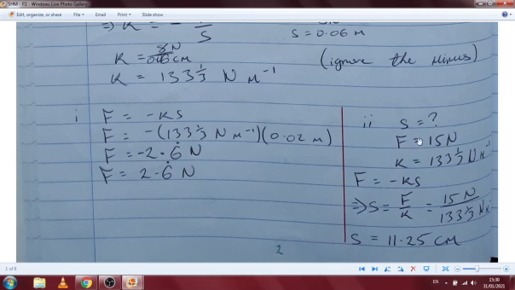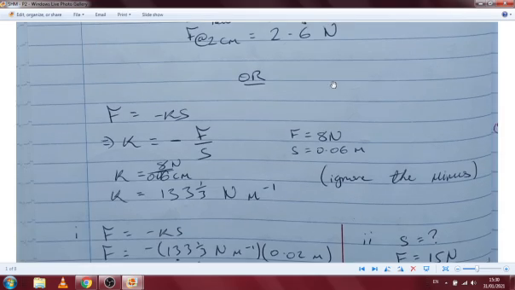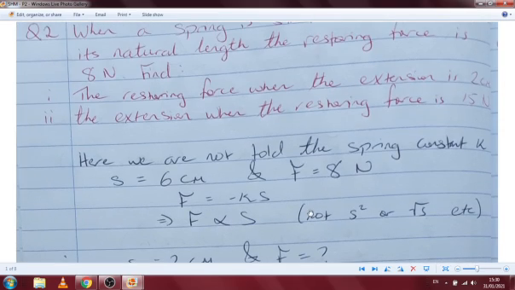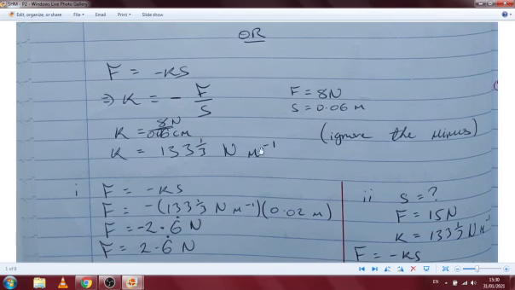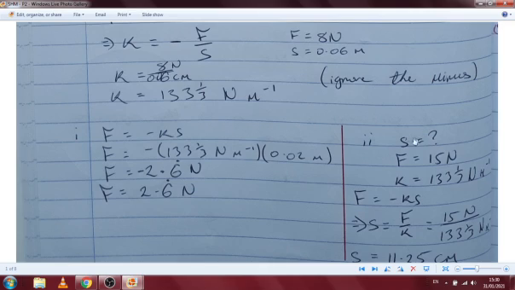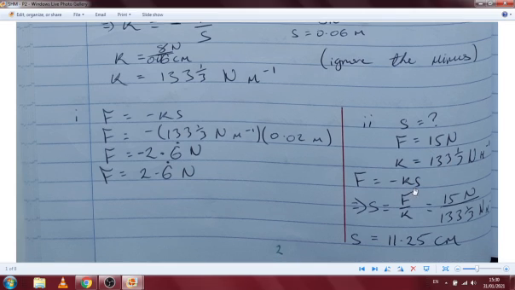And then I squashed in the second part here. So we're asked, I haven't done this one before, so let's take a look. We're asked the extension, which is our S, when the restoring force is 15 newtons. So here I know my K, my spring constant, from this work here. I don't know my displacement. I'm told my force is 15 newtons. So this is my standard formula. F is equal to minus Ks.